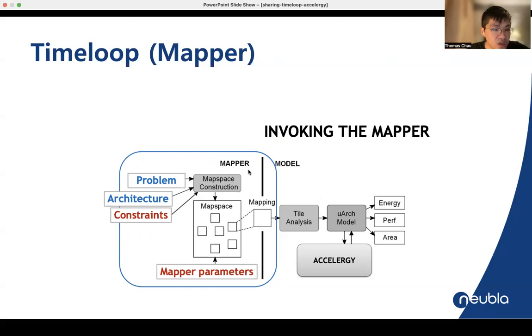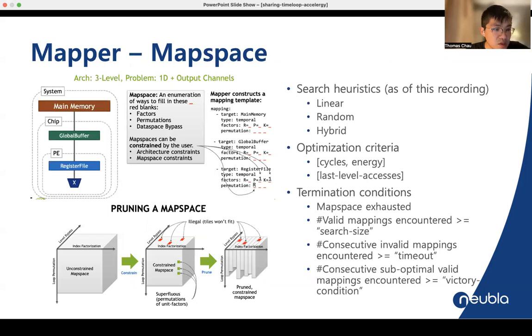As a result, the mapper needs to consider constraints to construct a reduced map space and generate mappings based on mapper parameters.